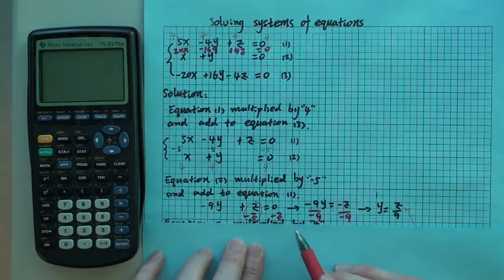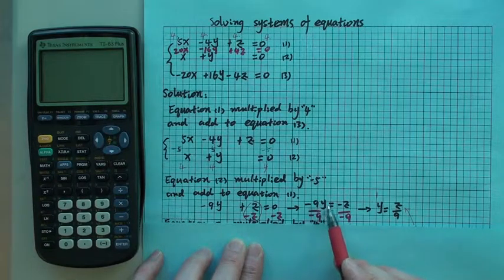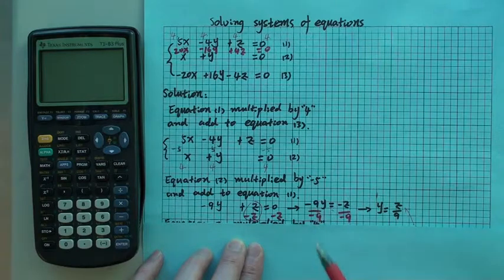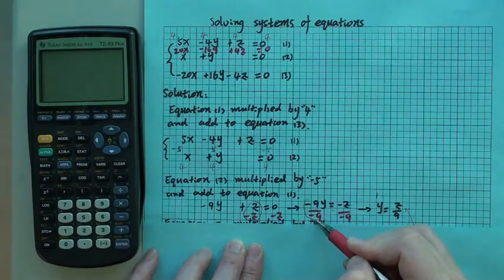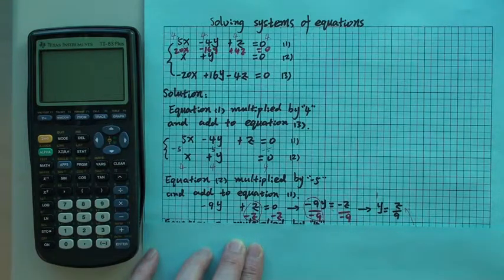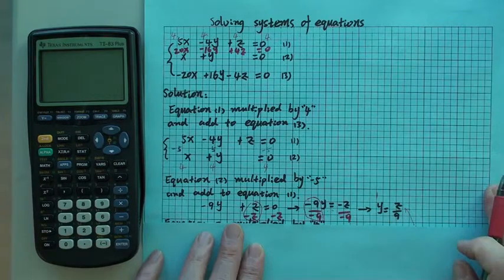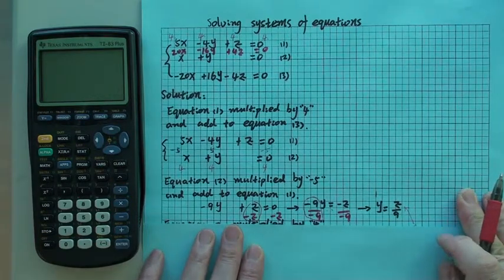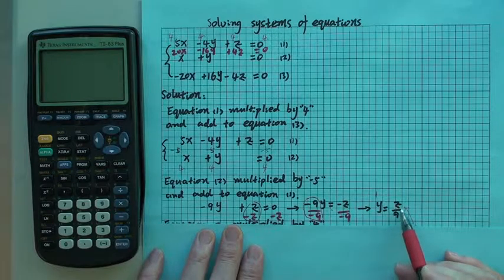So 0 plus negative z, it's negative z. So you have negative 9y equals negative z. Then both sides divided by negative 9. Negative 9 divided by negative 9 is 1, 1 times y is y. And negative z divided by negative 9 is z over 9. So y is expressed by z.